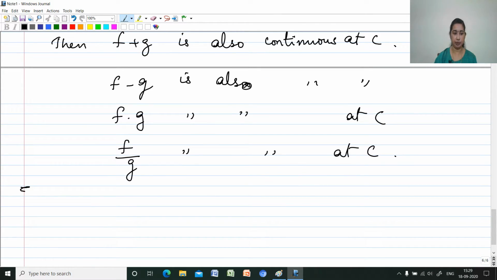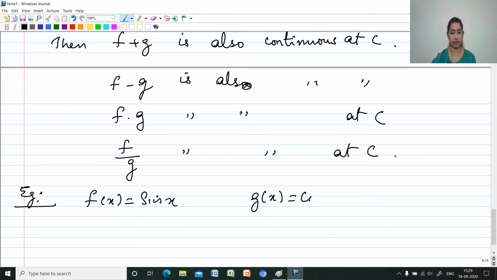So one example question. Let f of x equal to sin x, g of x equal to cos x. Then what about h of x? Let h of x be sin x plus cos x. We know that f of x, that is sin x, and cos x are continuous in their domain. Both f of x and g of x are continuous.